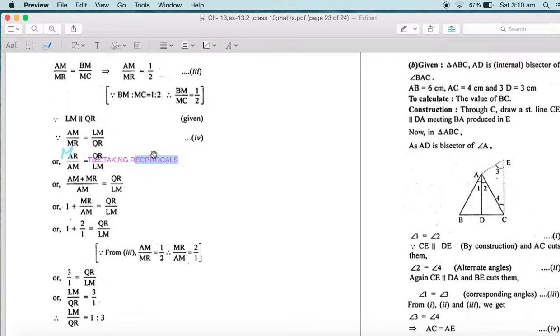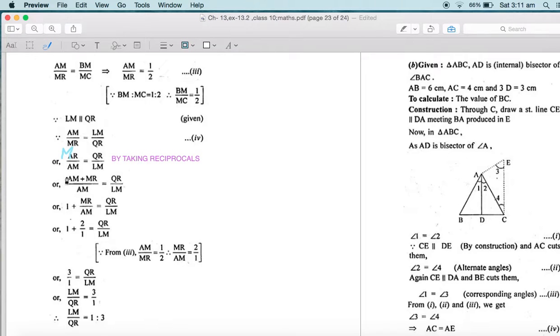So it should be very clear to you. Now how are we getting this? Because MR is the sum of AM and MR. The total line MR is the sum of these two.